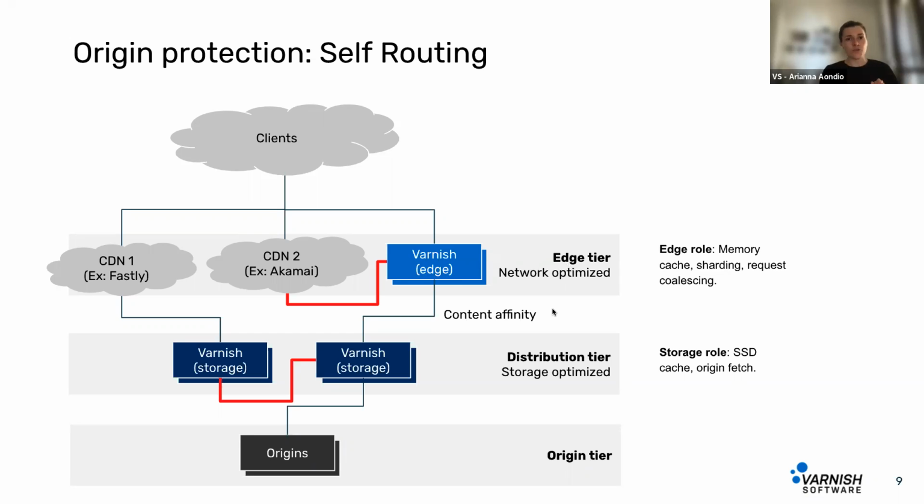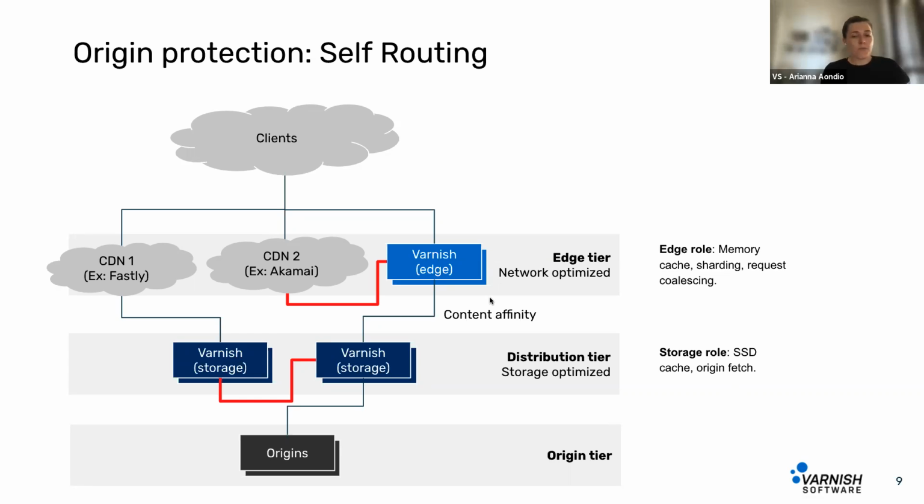Content affinity is also known as sharding or hashing distribution. Basically, we want these three CDNs to know where to get URL number 1 from. So URL number 1 will either be stored on this machine or it will be stored on this other machine. There will not be a duplicate of URL number 1.